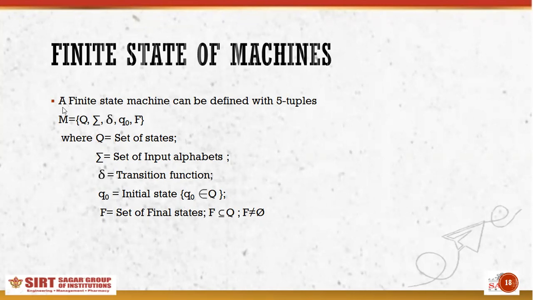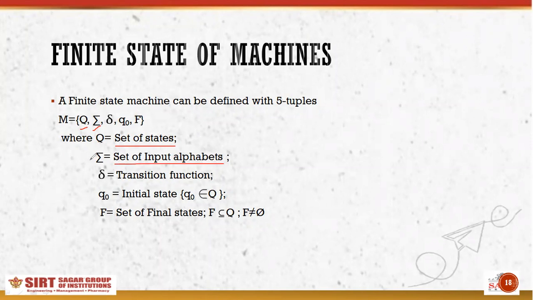But first of all, how is a finite state machine defined? A finite state machine can be defined with the help of 5 tuples. These 5 tuples need to be remembered: Q, sigma, delta, Q naught, and F. Capital Q is the symbol we use to represent the set of states, whatever set of states our machine consists of. Sigma is the set of input alphabet, whatever input alphabet we are using in our language.